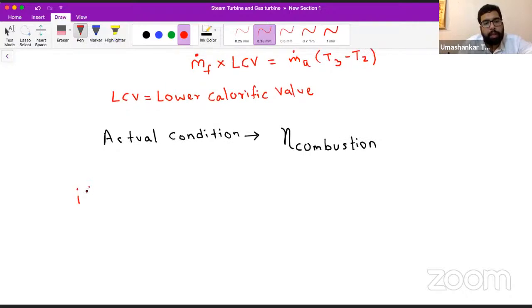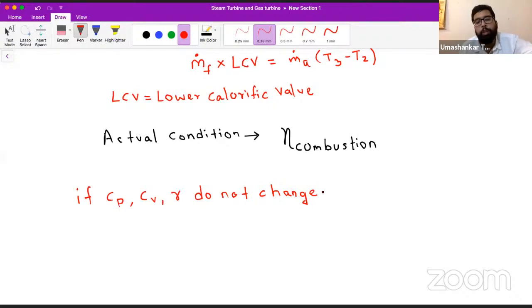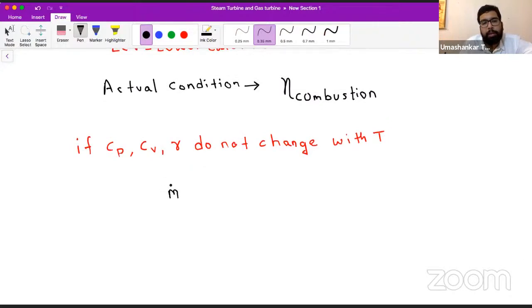If we consider that Cp, Cv, gamma do not change with temperature, which is our first air standard assumption, then we can write: this is the mass flow rate of the fuel, this is the lower calorific value, and this is the combustion efficiency, because this much is going to reach our working fluid, that is air.